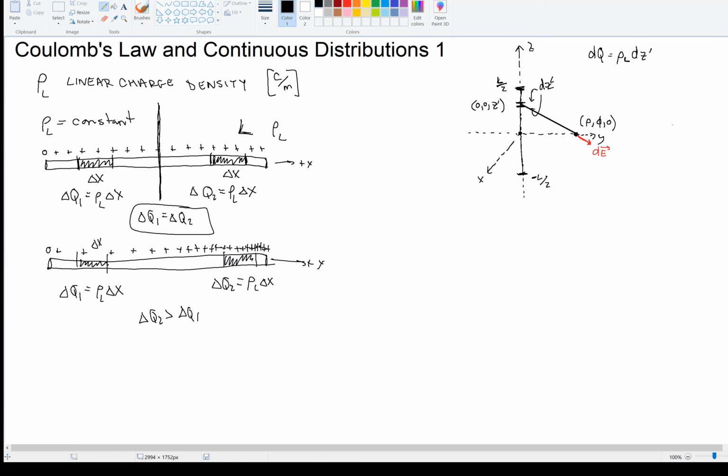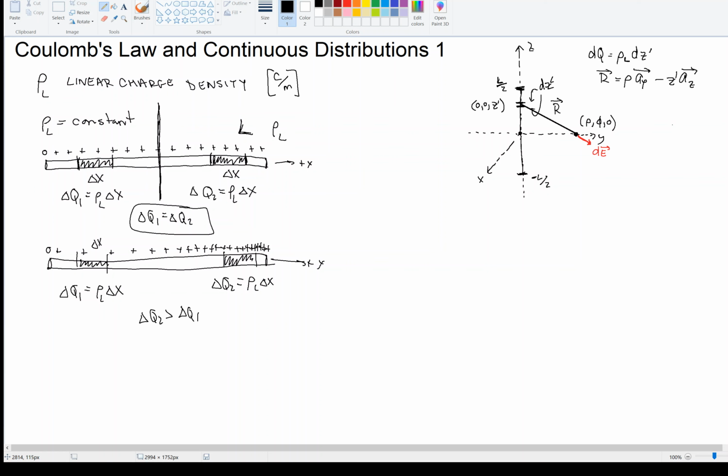The distance from dz prime to any field point located at rho, phi, 0, or the distance vector, I should say, here's the distance vector, r, is rho a_rho minus z prime a_z.